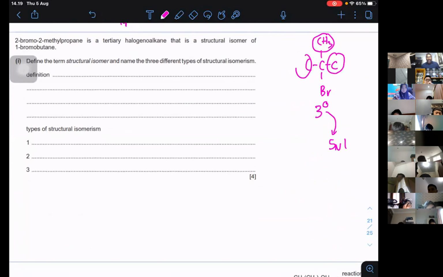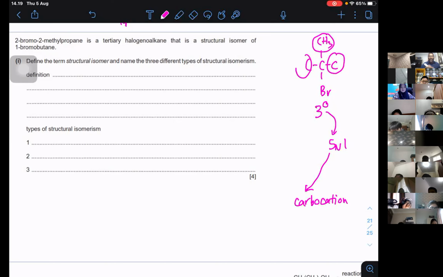The moment you see or hear about a tertiary halogenoalkane, you must talk about the tertiary carbocation, so it means they will form a carbocation. Later we'll explain about that. But here, I think I'll skip this part because this is revision on the first part, which is what we have learned about organic chemistry.